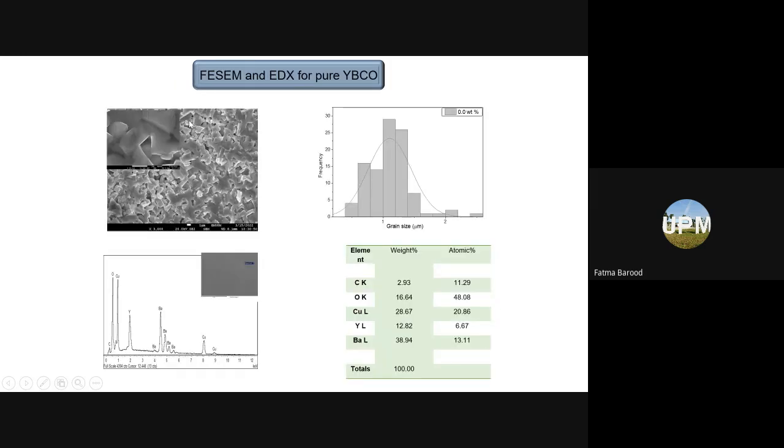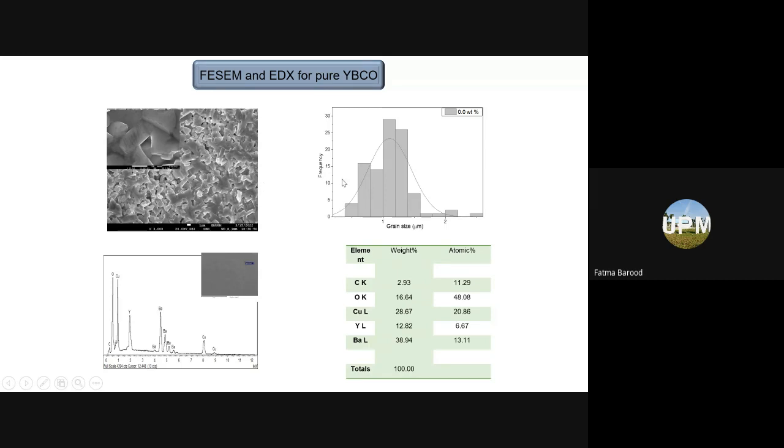For FESEM, this is the FESEM and EDX for pure YBCO. The sintered powder shows a granular structure consisting of micrometric grains with different average grain sizes, with some voids and holes.